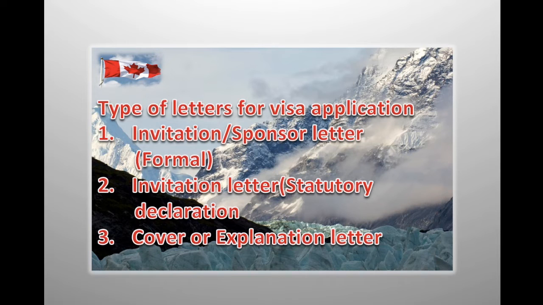Especially for Canadian immigration or US immigration, they do require a letter which is notarized by a notary person. And the last one is the cover letter or explanation letter, which is one of the most important parts of your file. So in today's video, we are going to discuss the invitation letter or sponsor letter.